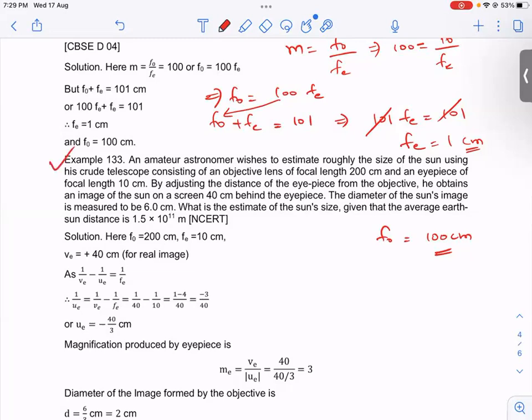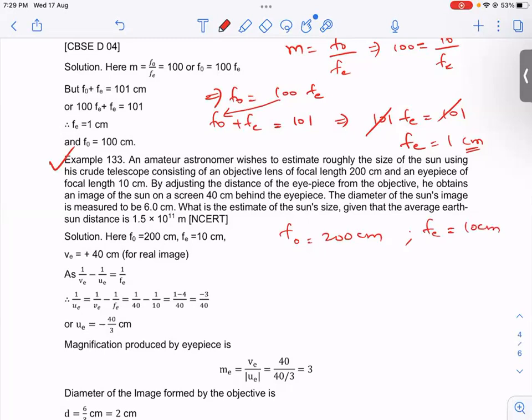Example 133. An amateur astronomer wishes to roughly estimate the size of the sun using his crude telescope consisting of an objective lens of focal length 200 centimeter and an eyepiece of focal length 10 centimeter.